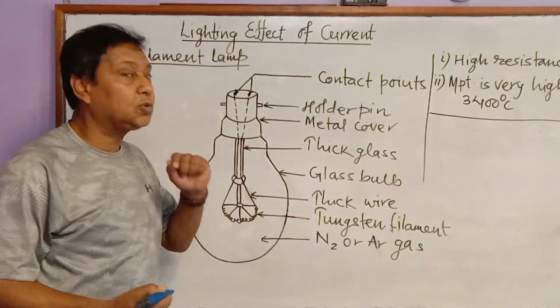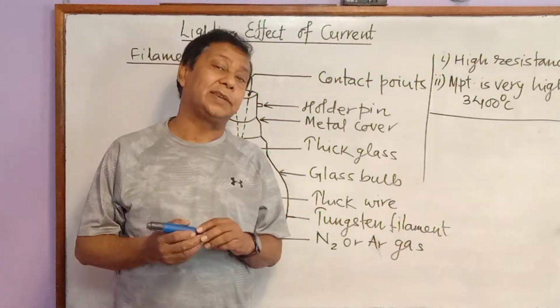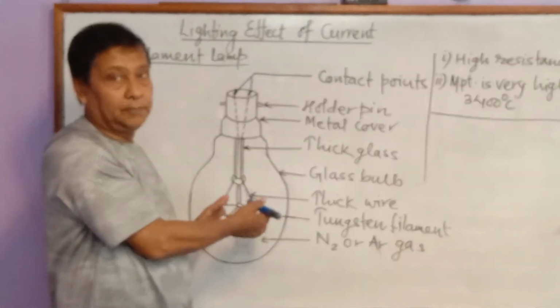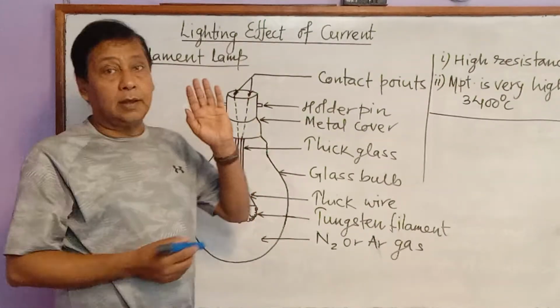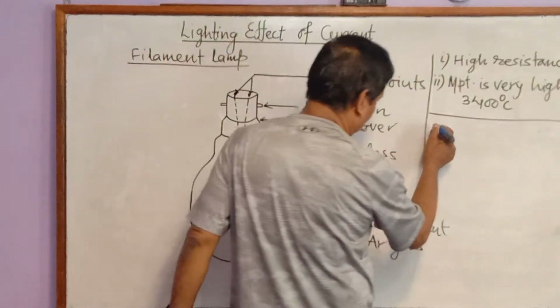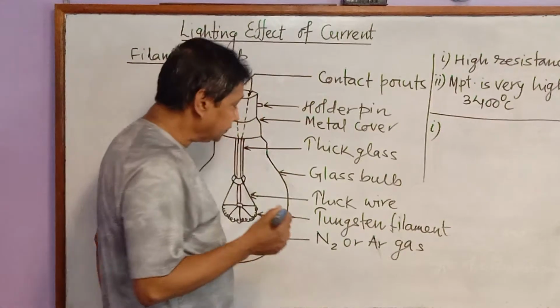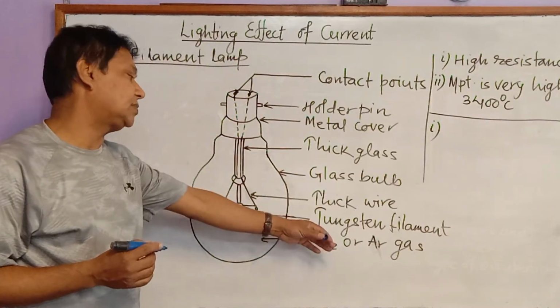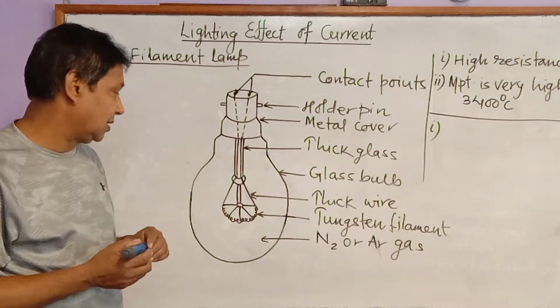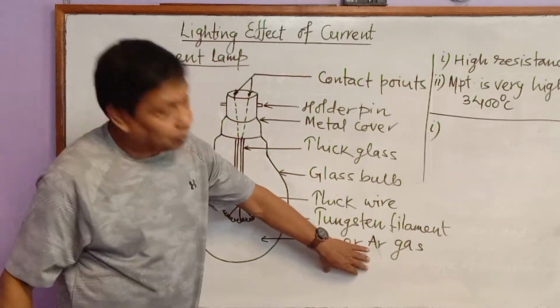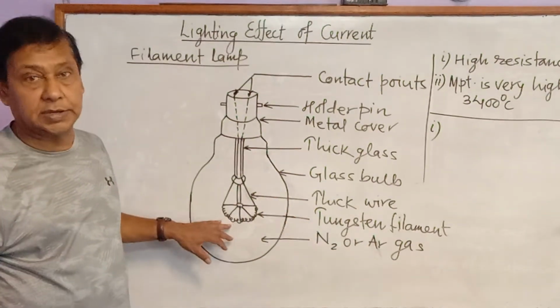Why is nitrogen or argon gas filled inside this bulb? Now the answer is, there are again 2 points. Number one, either nitrogen or argon gas is filled to resist oxidation.